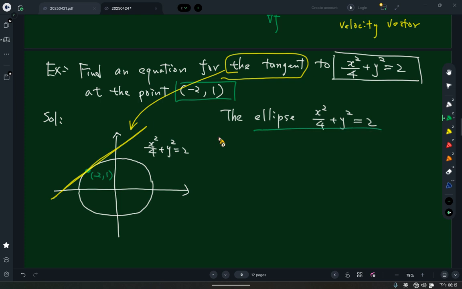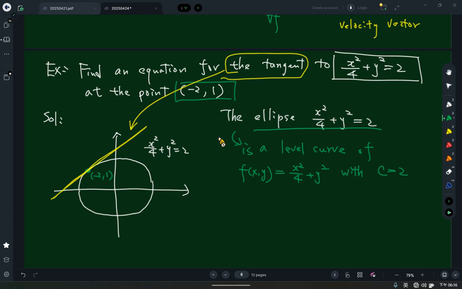You should regard this as a level curve of f of x, y, which is defined as x squared over 4 plus y squared, with c equal to 2. 这个椭圆线，我可以把它看为是什么？看为是，如果我定义一个函数叫 f(x,y) 等于 x 平方除以4加上 y 平方，this is the surface, right?